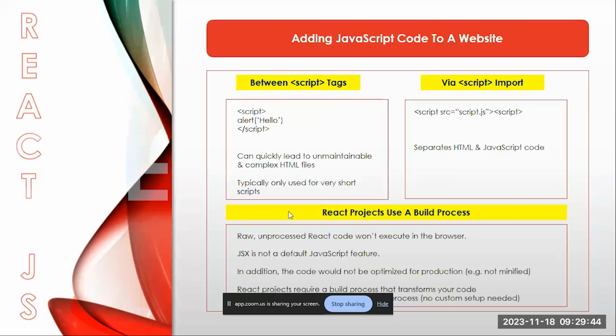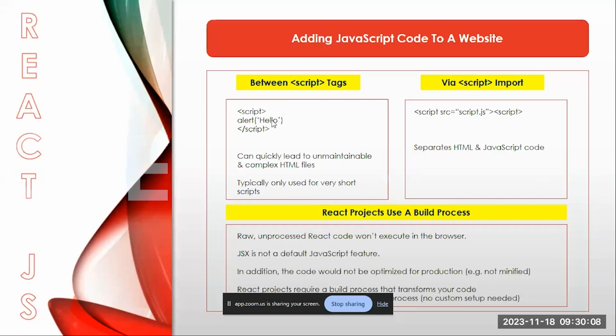So here, adding JavaScript code to a website, you see the script tag. In JavaScript you can directly write script alert hello and end script. If you write that, then an alert will be present on the browser with hello world.